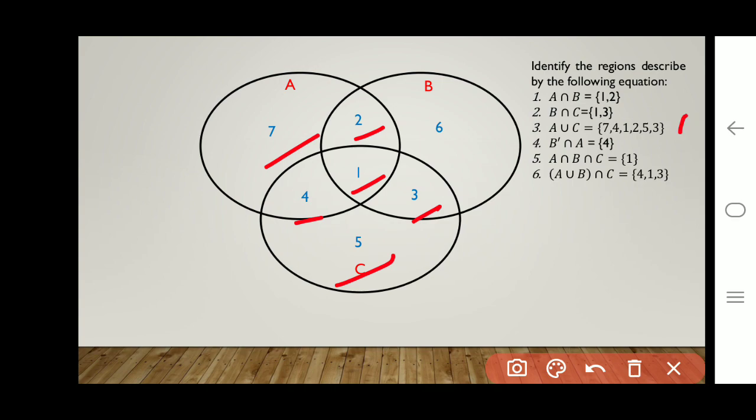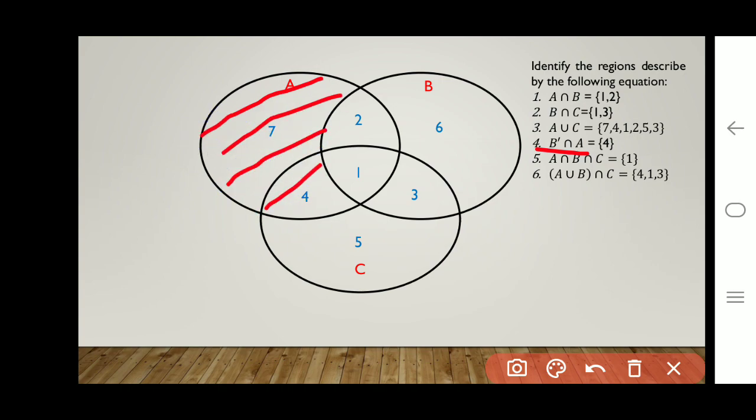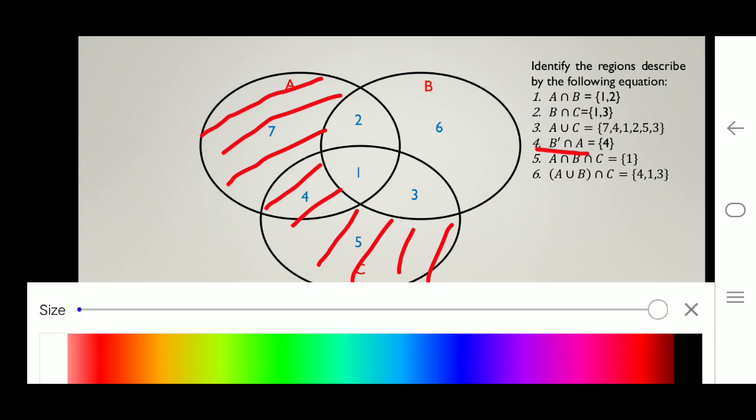And then, pagdating naman dito, B prime, ibig sabihin yung complement ng B. Ano ba yung complement ng B? Ang complement ng B, yung hindi niya sakop. Yung sa labas lang niya. Wherein, yung kay A and C. And then, sabi doon, yung complement ng B, intersection pa kay event A. So, ano ba yung intersection niya dun sa complement ng B sa A?